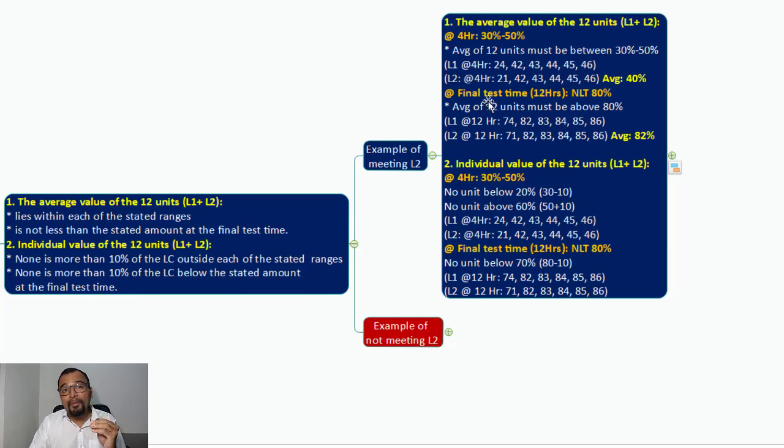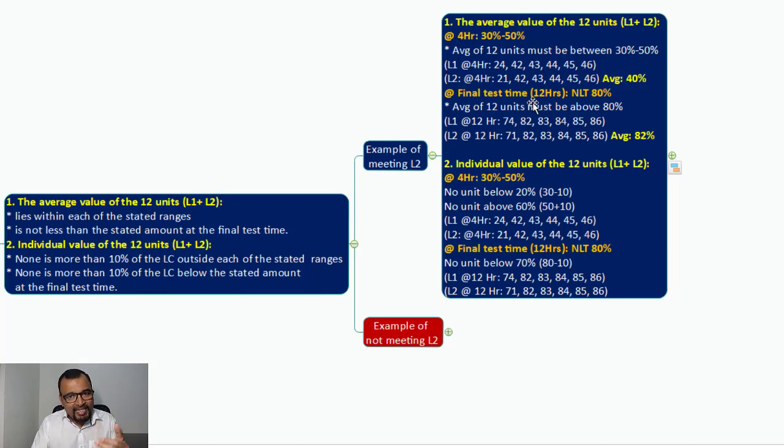You are talking about the 4th hour dissolution time point, where your specification is 30 to 50%, and this is an extended release dosage form. So the average of 12 units must be between 30 to 50%. This is your stated range. So L1 has 6 values of 24, 42, 43, 44, 45, and 46%.